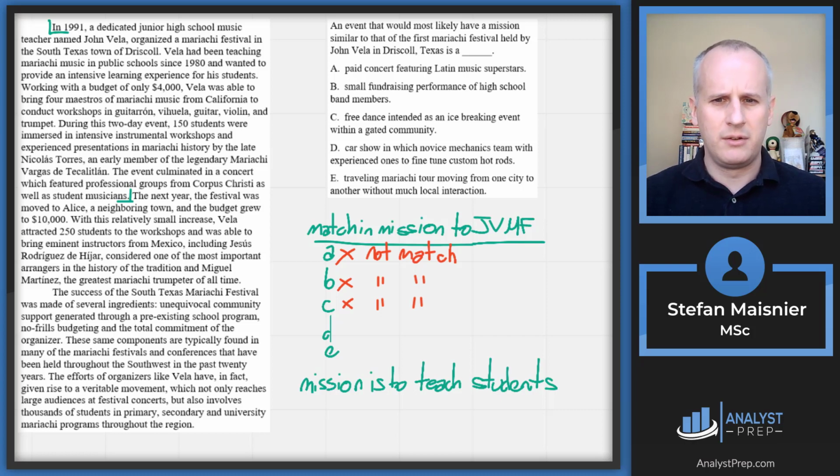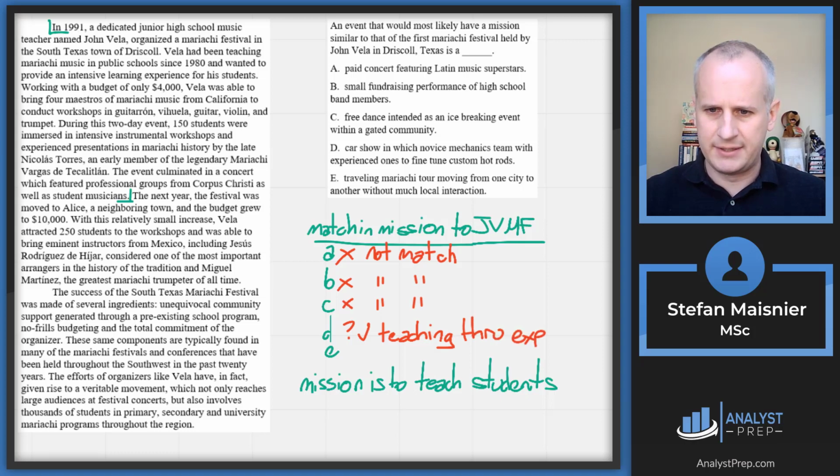Oh, well, we've got experienced mechanics giving a lesson to more inexperienced or novice ones. And if you don't know these terms of novice, because that could be part of the challenge, this could be a question mark. But if you know what novice means, this is teaching through experience, which is basically what John Vella was trying to do in his mariachi festival.